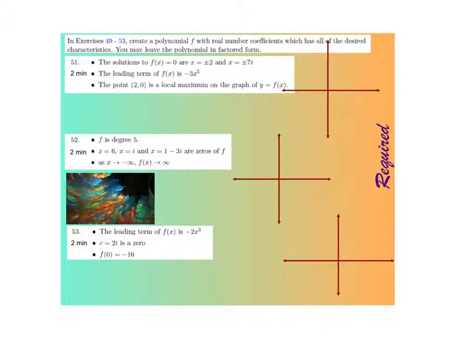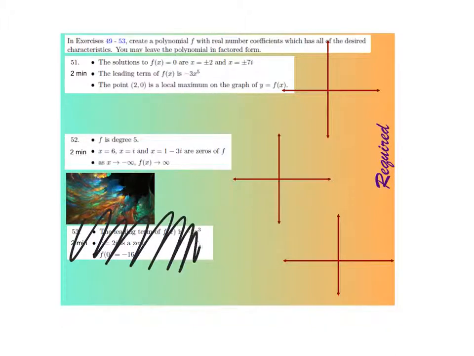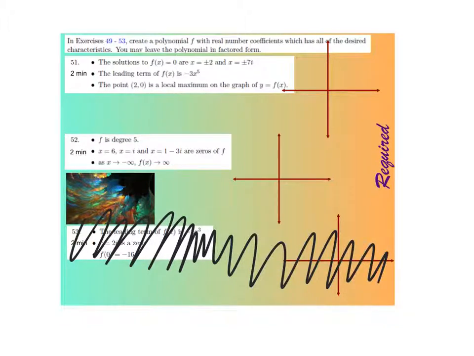All right, on this one, I think the top two would be good enough, so scribble out this one. And that's it. This tells you that there's 1, 2, 3, 4 roots. This tells you the lead coefficient is that, so there must be one more root.